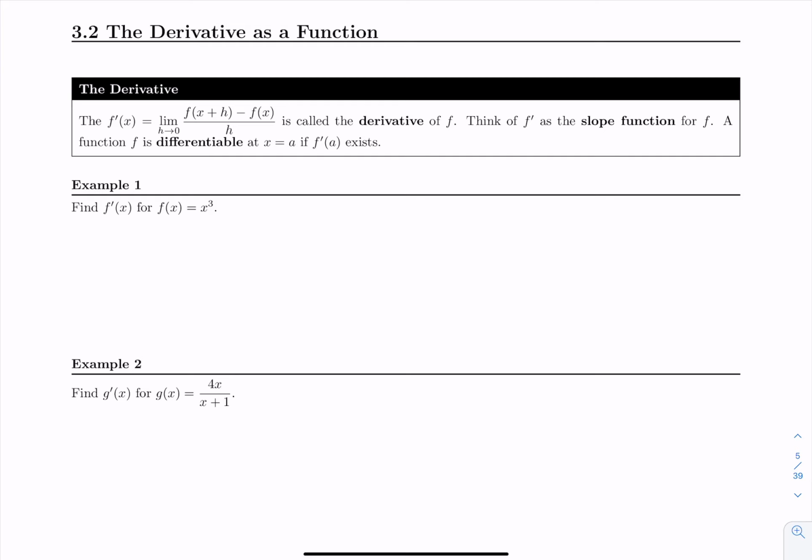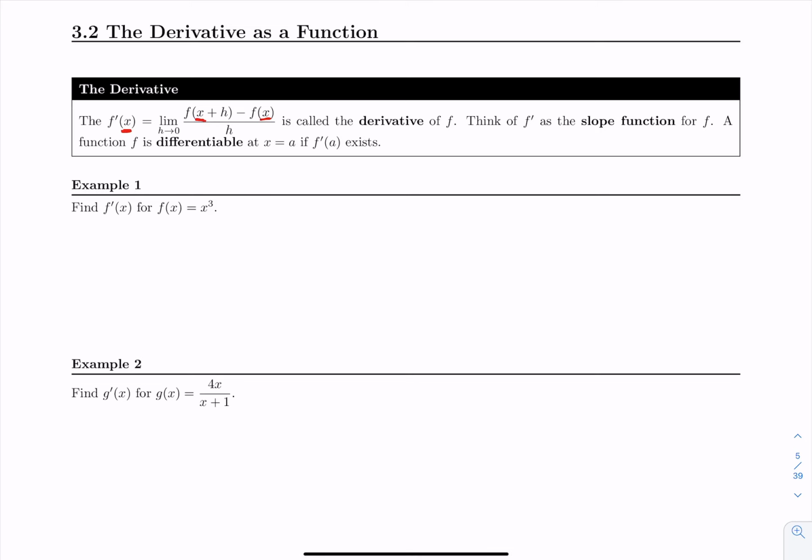So that instead of finding a particular slope at a particular point, we found a slope function, and then we're able to evaluate it at several values if we wanted. So that's the only real change at the first part of this section 3.2: we're replacing the a in the previous section with x's.